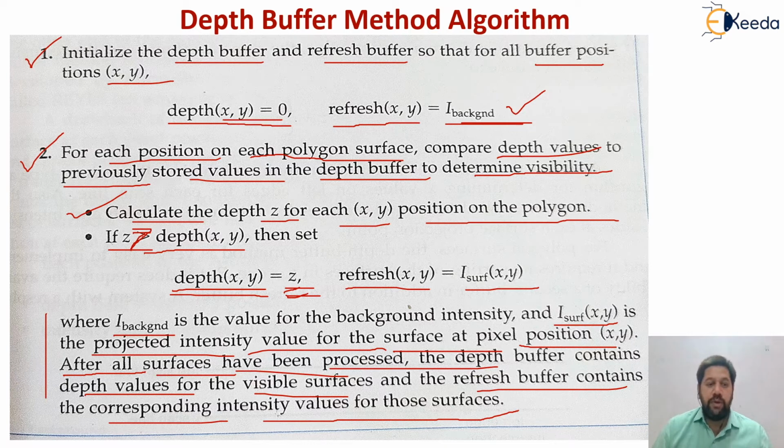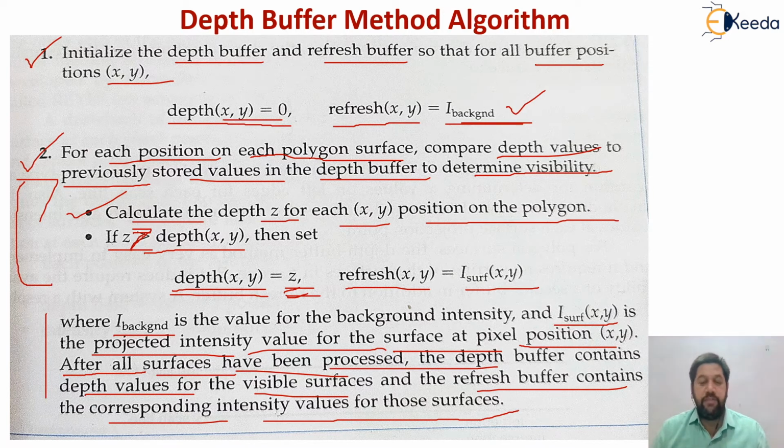Okay, so whatever this second step is, for each position on the polygon surface, I have to follow it for all the surfaces or polygons. And when this procedure is over, in my refresh buffer I get all the pixels which are visible, and I also have their intensity or color value. And in the z buffer I have the maximum z value of that particular polygon which is displayed.